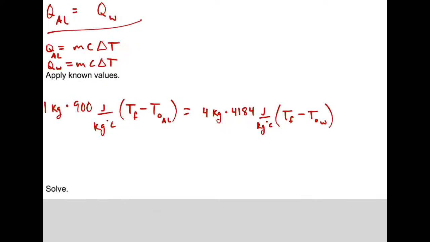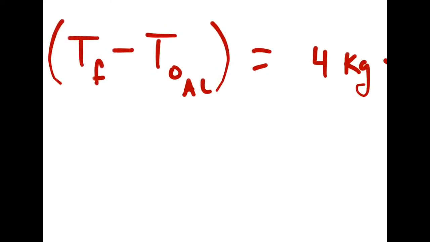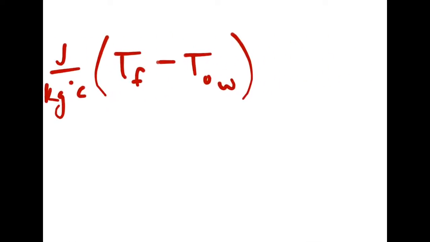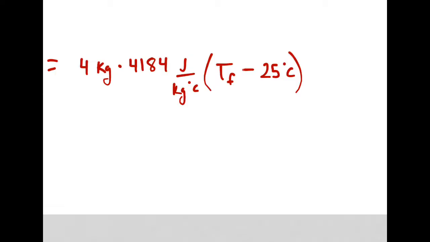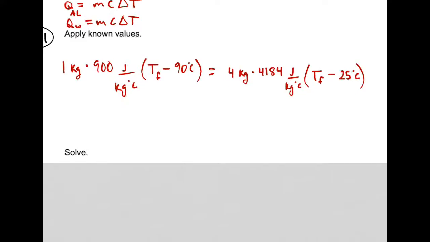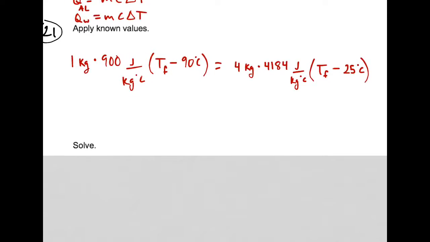Maybe I should write in the initial temperatures. For aluminum it was 90 degrees Celsius, and for water it was 25 degrees Celsius. So there we go. I will multiply this stuff together and solve.